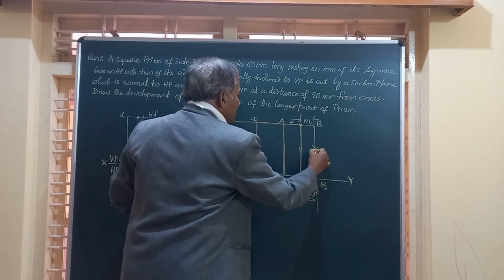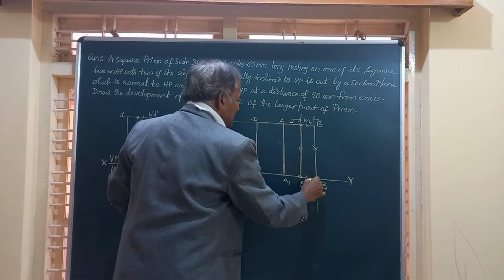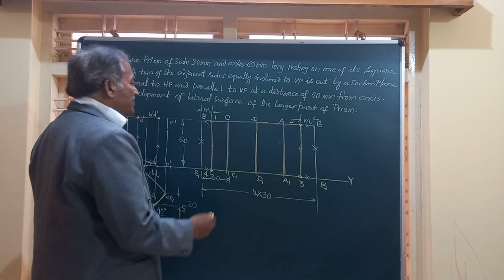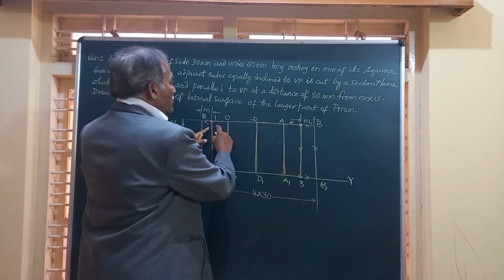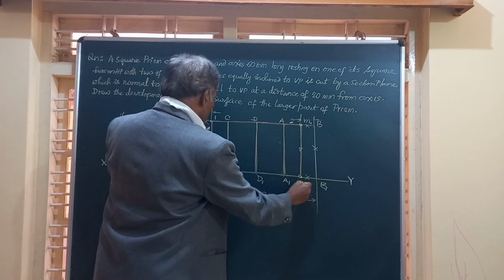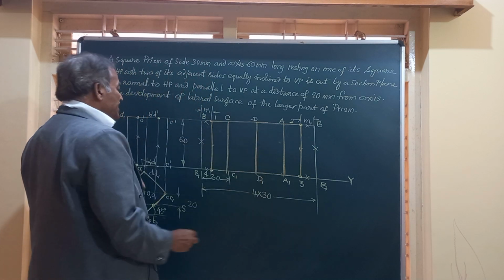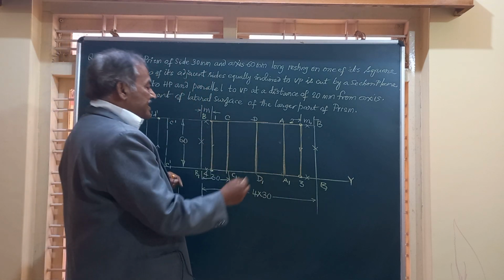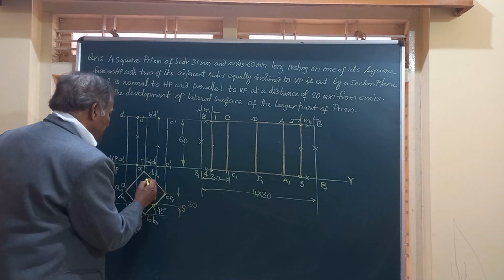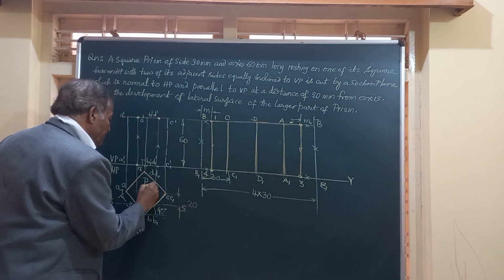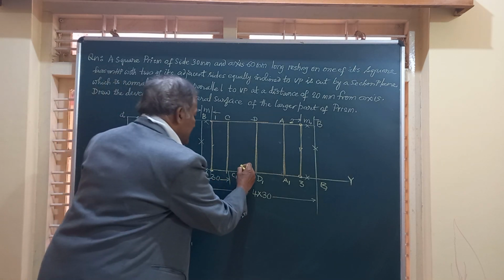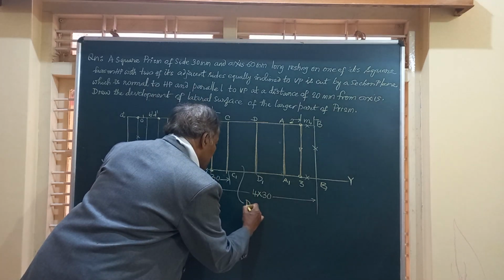Likewise here you don't get BB and this connecting line. So friends, this rectangle 1, 2, 3 and 4 will give the complete development of that part P. I will call this part as P. P is the larger part. I will say here development of P.